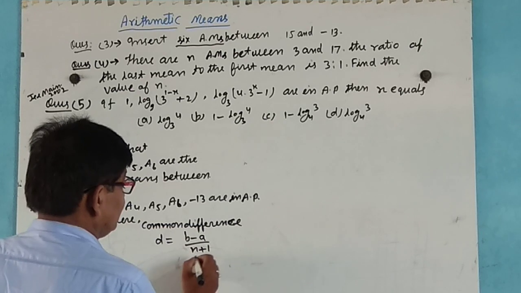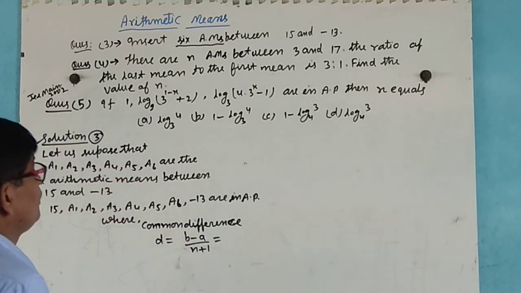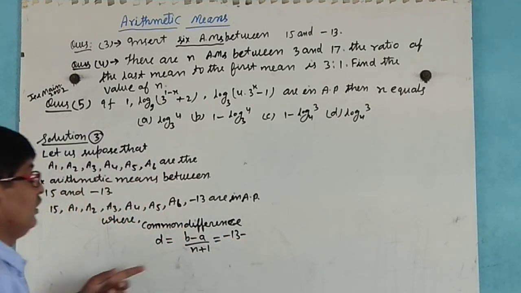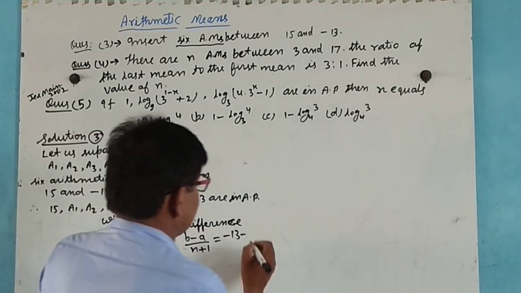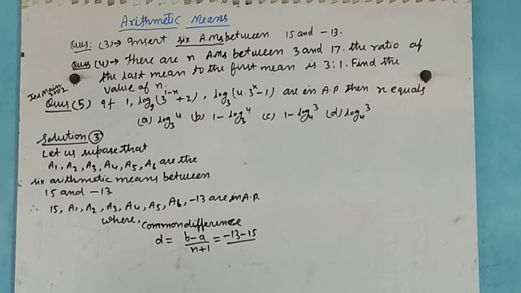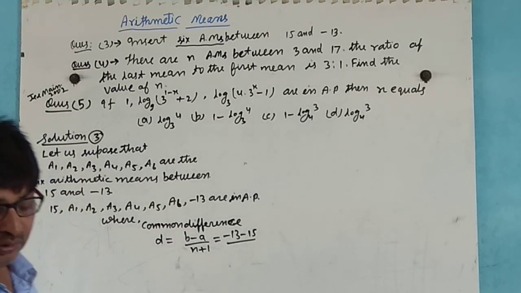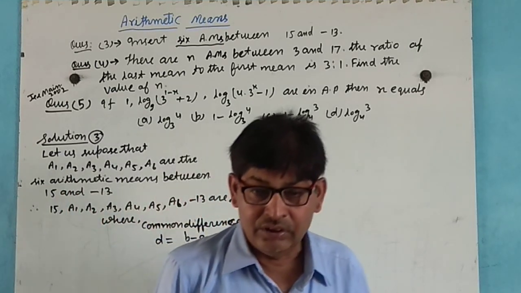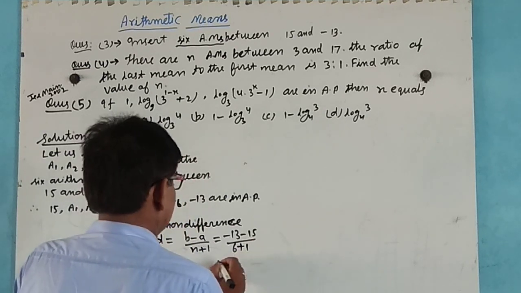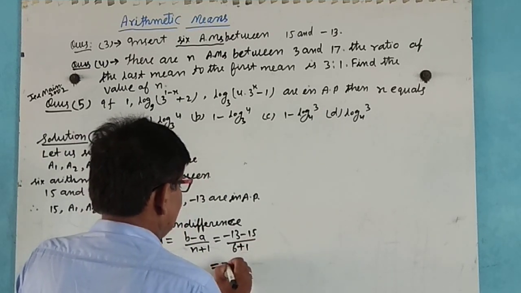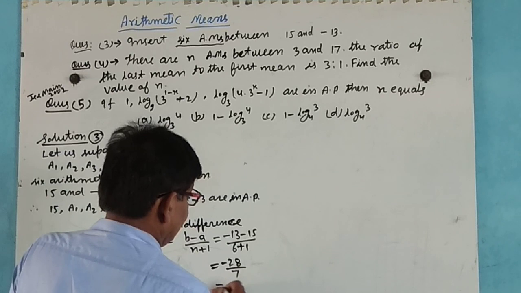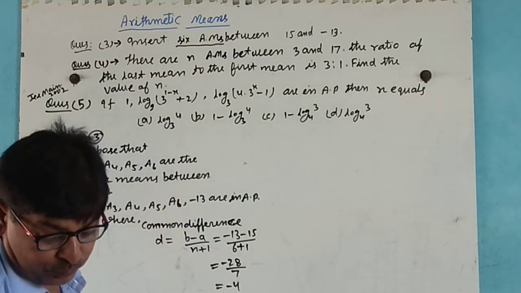In this case, B is minus 13, minus A is 15, divided by N plus 1. In this case, N is equal to 6, plus 1, so that this is equal to minus 28 by 7. This is equal to minus 4.